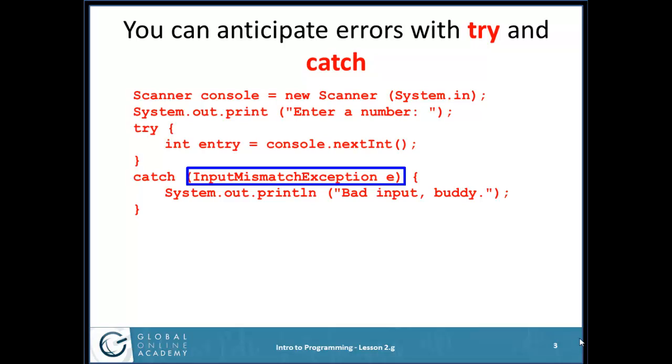I'm just calling it E here to make my code a little bit shorter so I can type it all in one line. It says, catch an input mismatch exception. If that happens, put all the information about the input mismatch exception into the variable E. Then execute the code between the braces, which is just going to write out bad input, buddy.